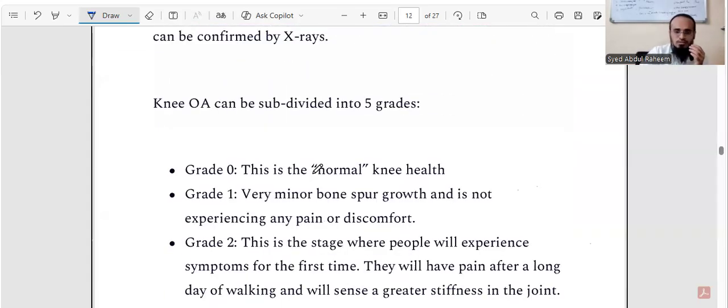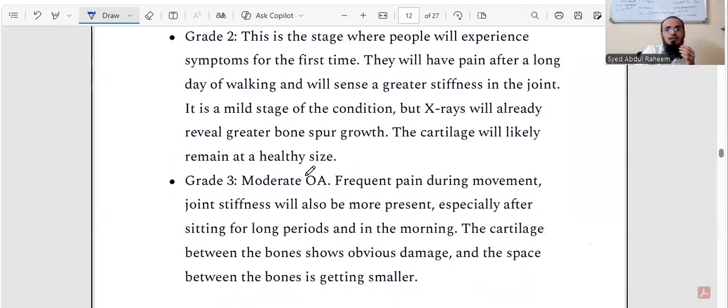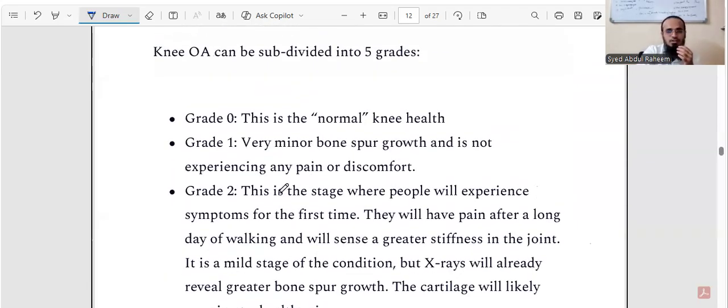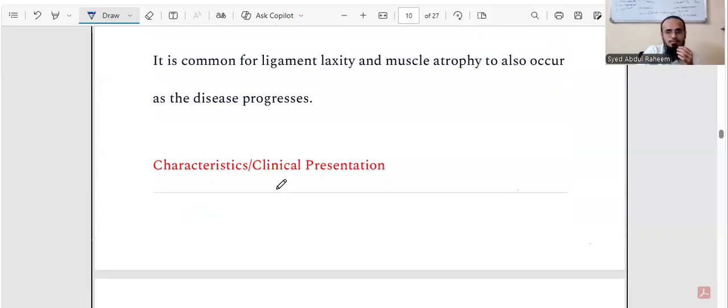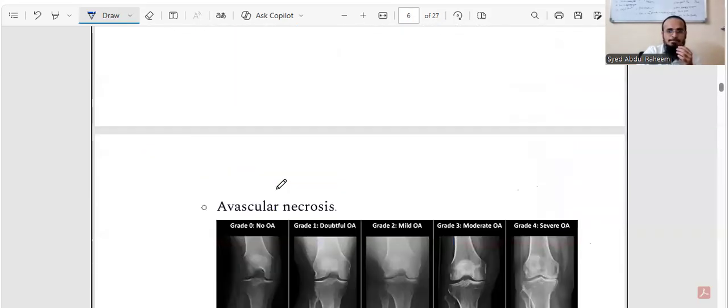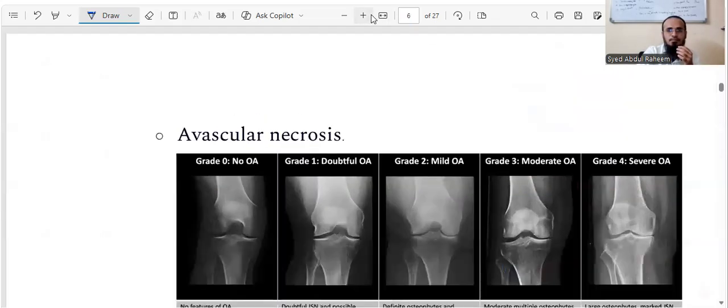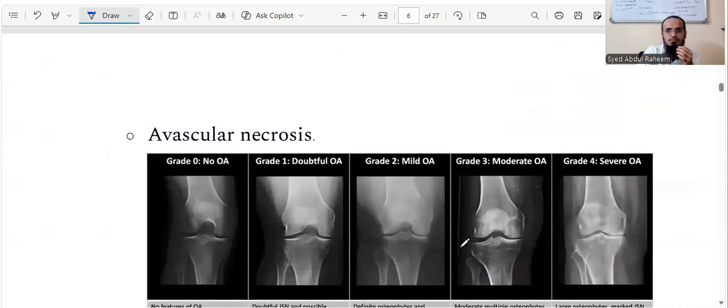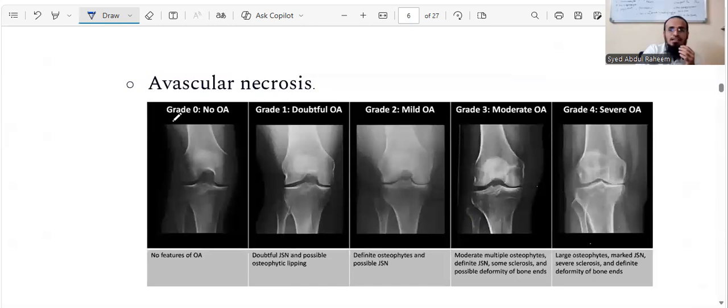So how do you diagnose? Here are the stages of knee osteoarthritis. You can see this image. You can see grade 0, grade 1, grade 2, grade 3, grade 4. Grade 0, no issues. You can see how healthy the joint is.